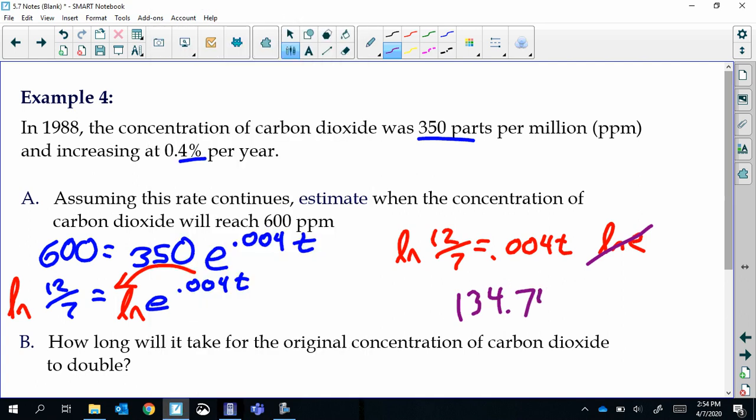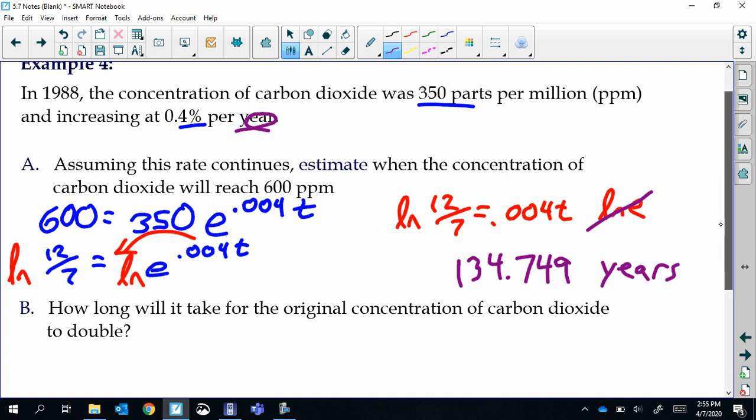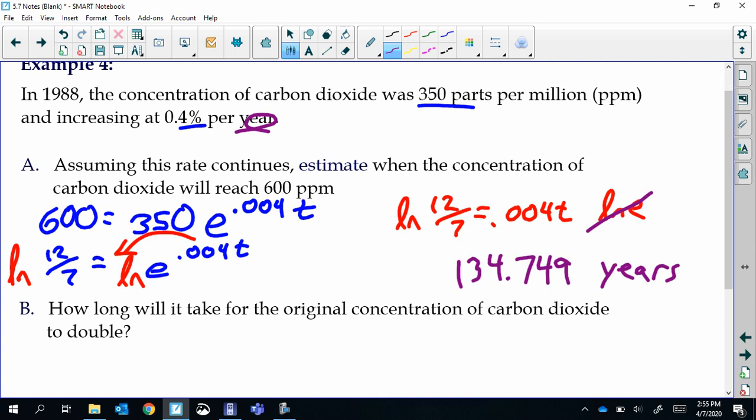$134.749. So that was per year, so this is how many years? 134, almost 135 years. And that will be just starting after 1988, because 1988 was our starting amount there.